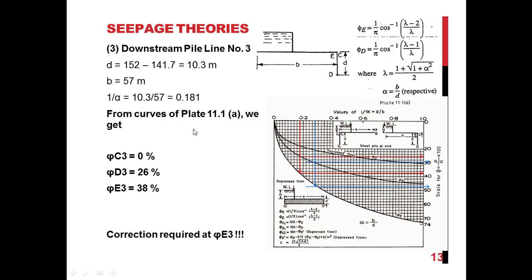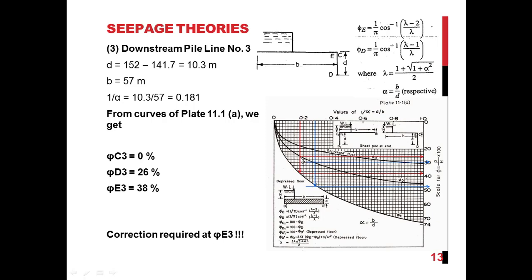Now using this 1 over alpha value and using the curve of plate 11.1a, we get phi C3 equal to 0, phi D3 equal to 26% and phi E3 equal to 38%. This is the value of 1 over alpha, which is 0.181.